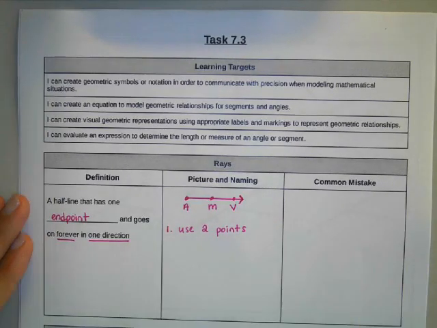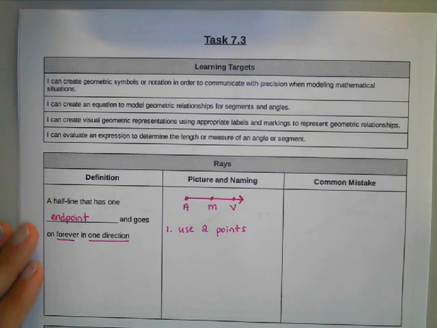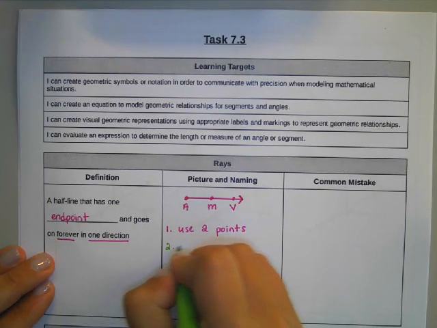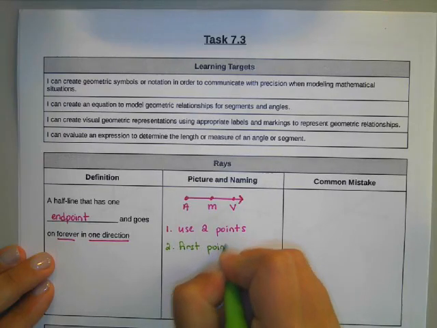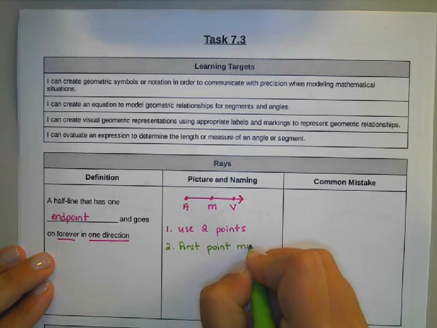So you're never going to use 3 points, you're never going to use 4 points, and you're never going to use 1 point. You always need 2 points to name a ray. Those have to be 2 very specially chosen points, though. The first point in the name of a ray must be the endpoint.